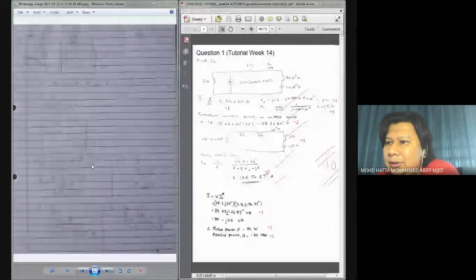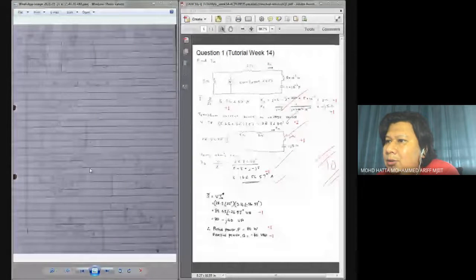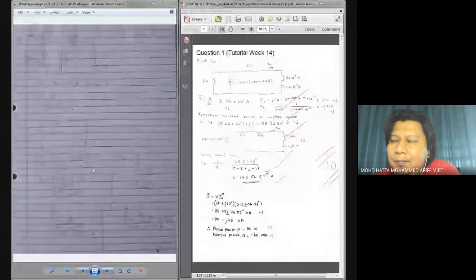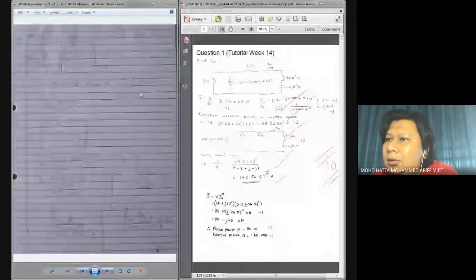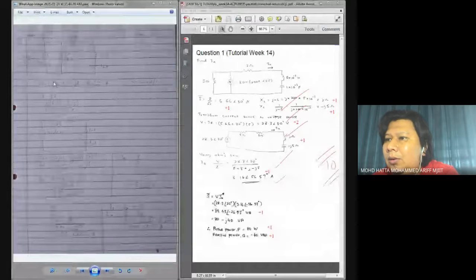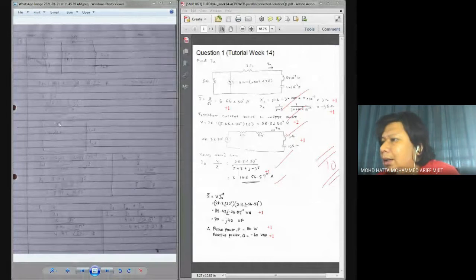This conversion cannot be done unless you know the value of omega, and you can get the value of omega according to the sinusoid form of your current or your voltage. Anyway, the omega should be equal to 200 in this case. Okay, these two are correct, so 2 points.